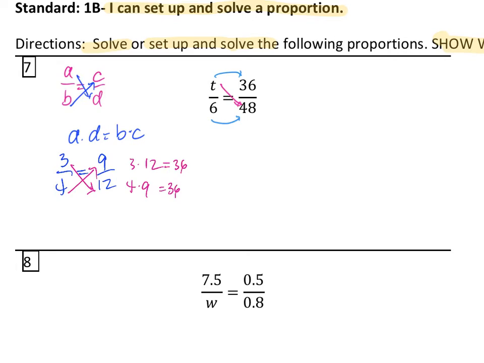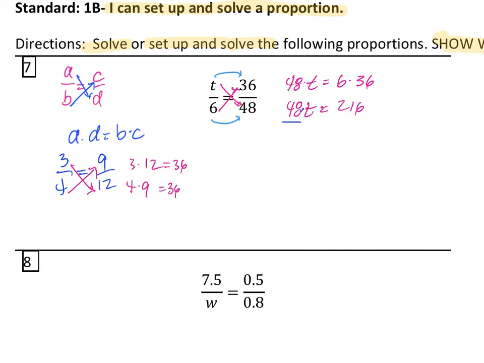So we're using that to say that 48 times t would equal 6 times 36. That means we have 48t equals 216. Then to solve that, it's 48 times t.